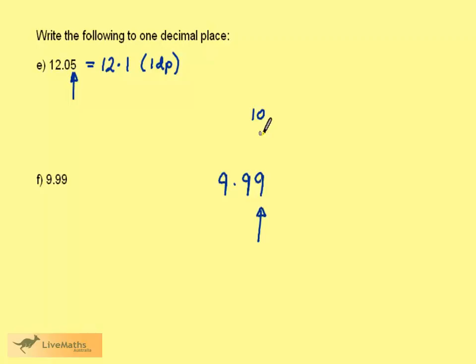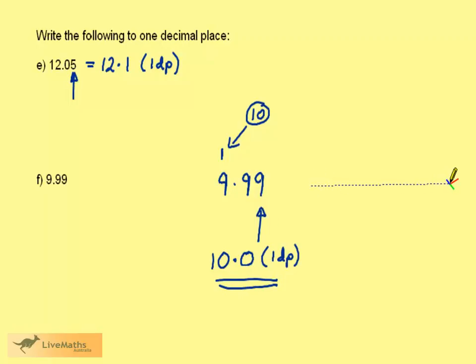And we're only allowed one digit in any particular column. So what happens with the 10 is that the 1 goes across into the next column, rounding this 9 up into a 10. We therefore get 10.0 correct to 1 decimal place.